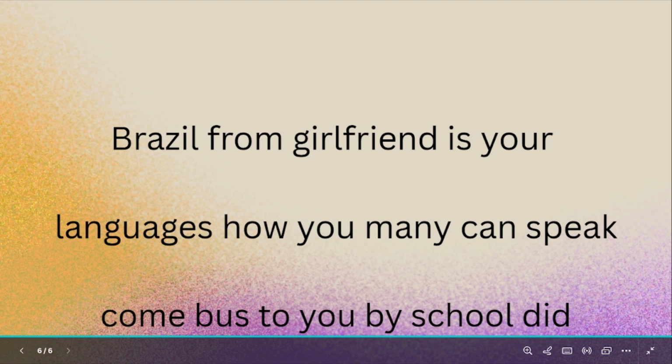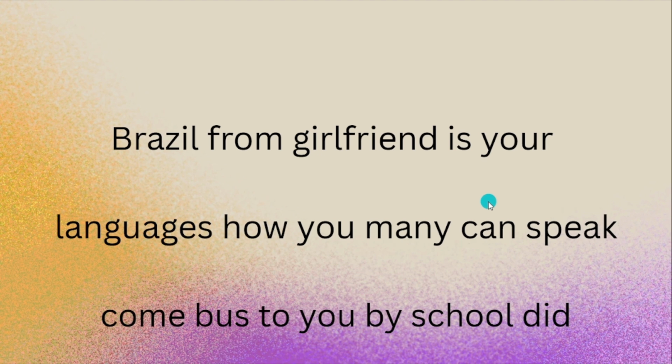All right, let's try and rearrange these sentences into proper questions. The first one is Brazil from girlfriend is your. This is a question with the verb to be, so that would come first, as there is no question word. And then the subject.